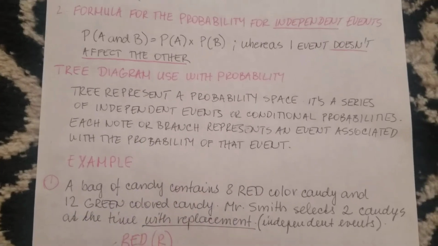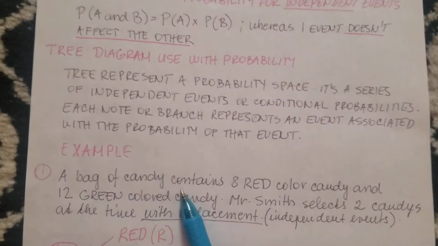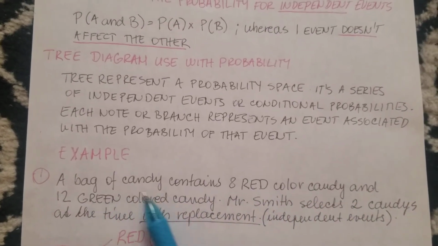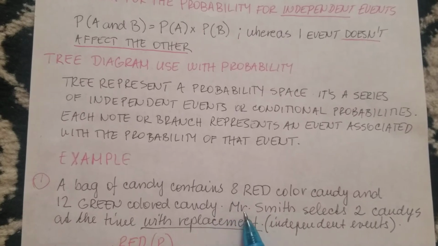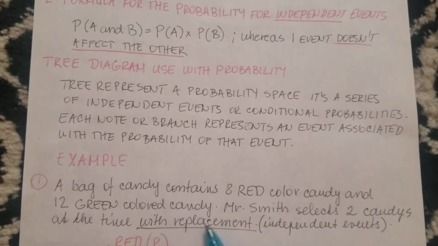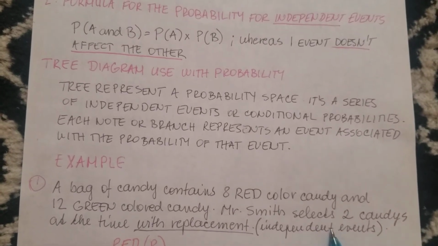So let's do an example. Let's say we have a bag of candy that contains 8 red candies and 12 green candies. Now, Mr. Smith selects 2 candies at a time with replacement, which is an independent event. Why?